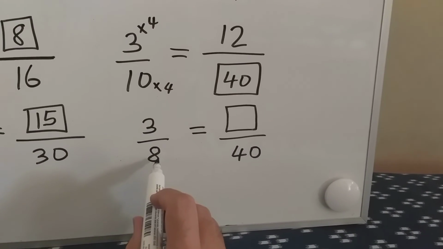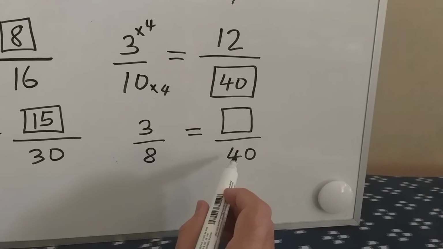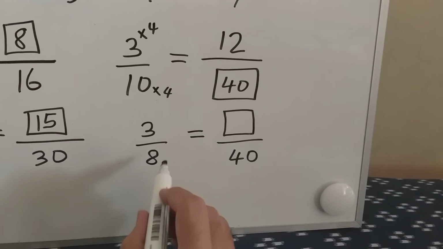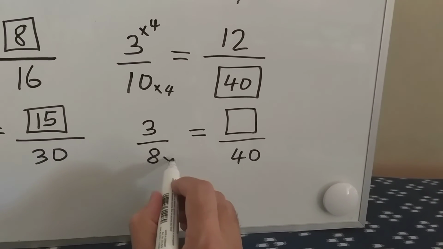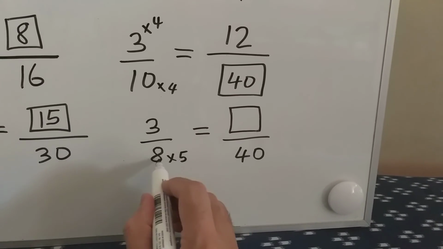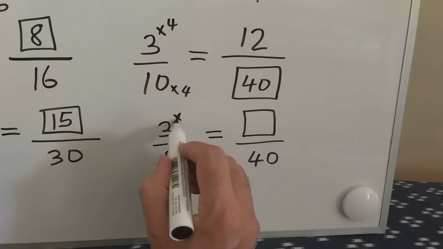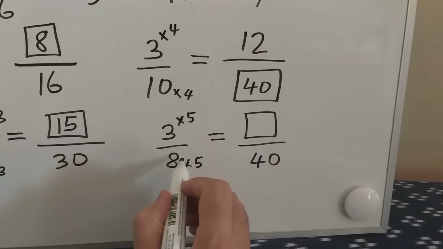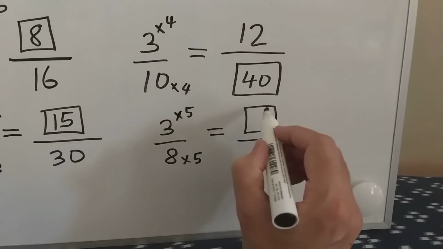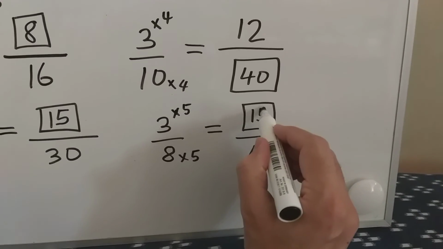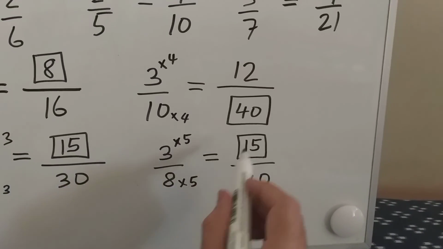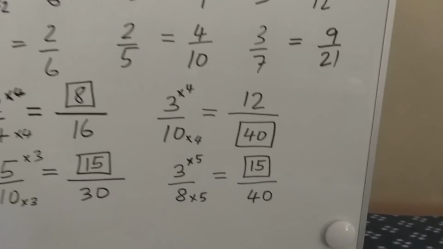What number multiplied to 8 gives us 40? If you use a timetable, it is 5. The multiplying number is 5. 8 times 5 is 40. The same multiplier you use for the numerator. So 5 times 3 is 15. So the fraction 3 over 8 is equal to 15 over 40, and the missing number over here was 15.